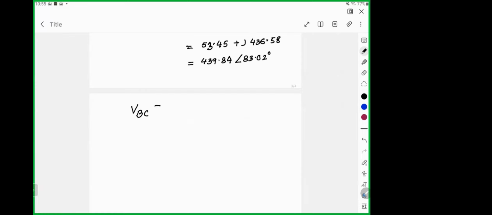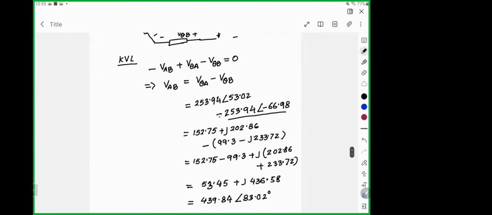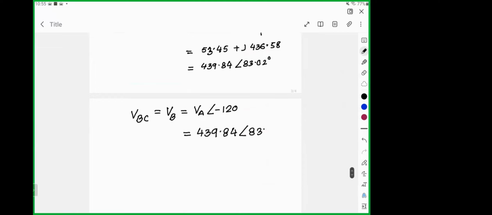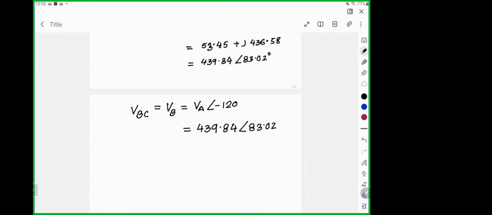VBC would be equal to VAB with the same magnitude, making an angle of minus 120 degrees. VAB is 439.84 at 83.02 degrees, so this one will be subtracted by 120 degrees. Okay.